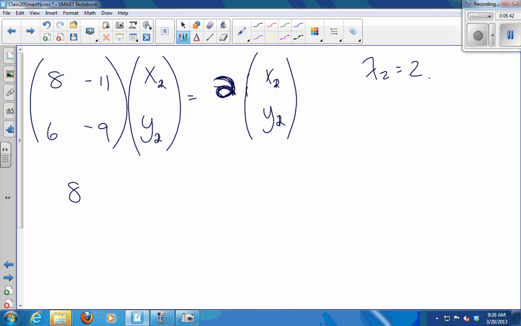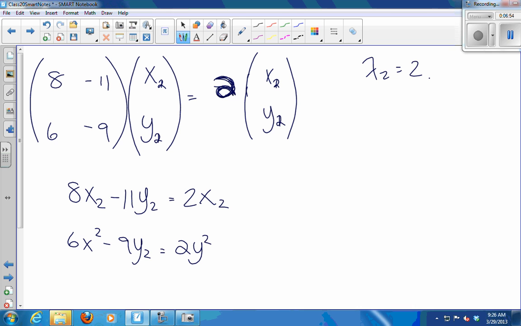We have 8x2 minus 11y2 equals 2x2, and 6x2 minus 9y2 equals 2y2. Simplifying these, I get 6x2 minus 11y2 equals 0, and this one also comes out to 6x2 minus 11y2 equals 0.